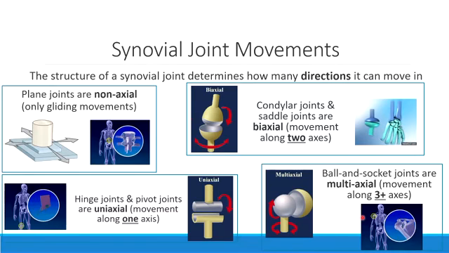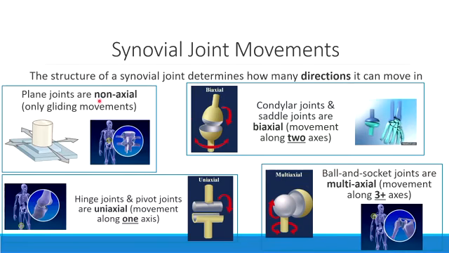So when I'm going in more than one direction, not just forward, backwards, not just up and down, when I can do anything, any way that I want to, I'm called multi-axial. So ball and socket joints, that's going to be places like your shoulder or your hip joint. Those joints can do whatever we want them to do because of the structure of their bones.